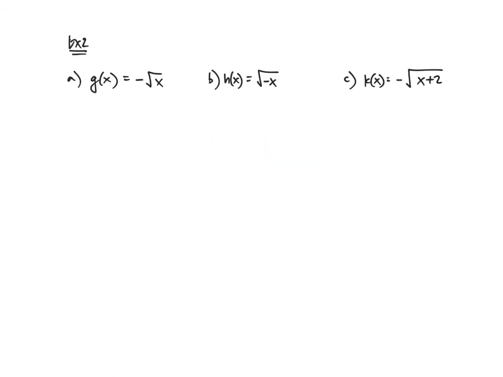Okay, now let's look at some reflections. This time they don't actually want us to graph it, they just want us to compare how these graphs would look to the original parent function f of x equals radical x. So we see that we have a negative. This negative is occurring outside of the radical function. Outside is vertical, so therefore this is going to flip the graph vertically.